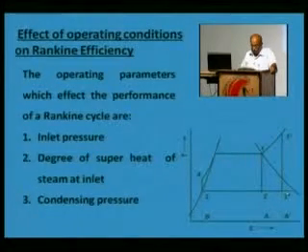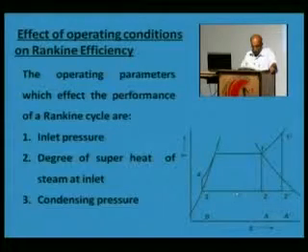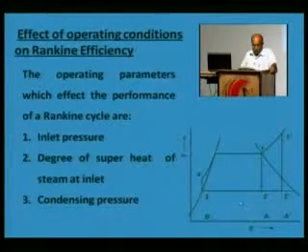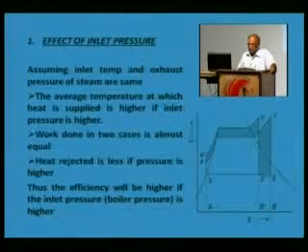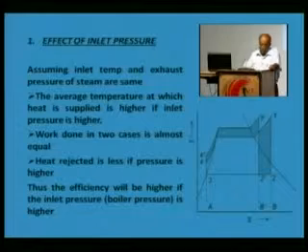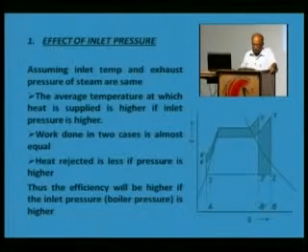And the condensing pressure, this line should be at the lowest possible point, or the condensing pressure or the condensing temperature should be low, and that would maximize the performance of the Rankine cycle. We will study the effect of these parameters one by one.